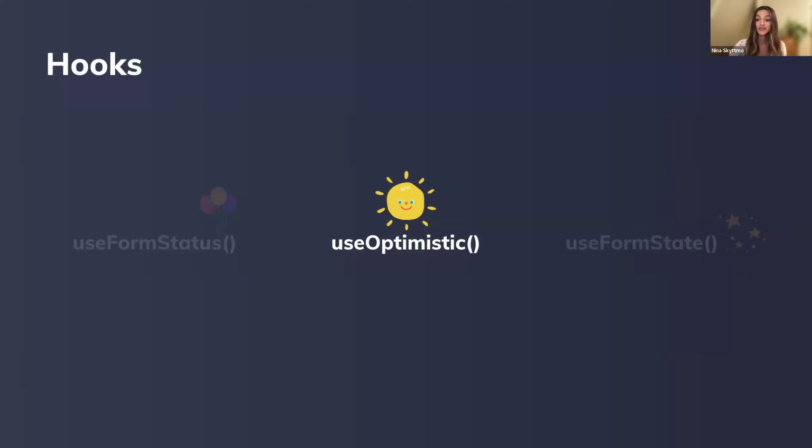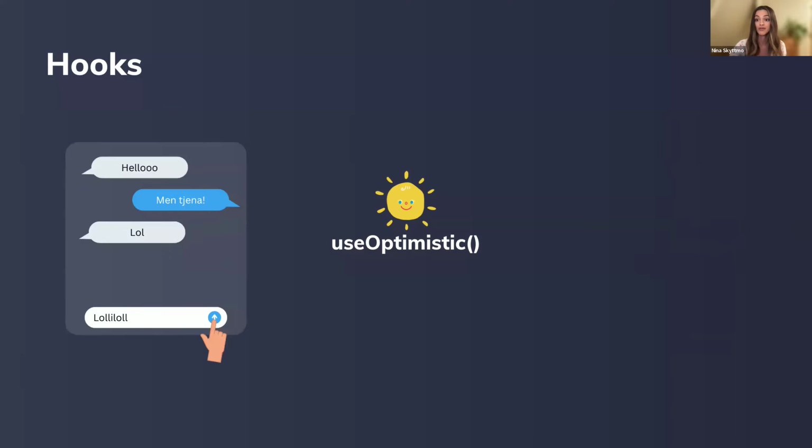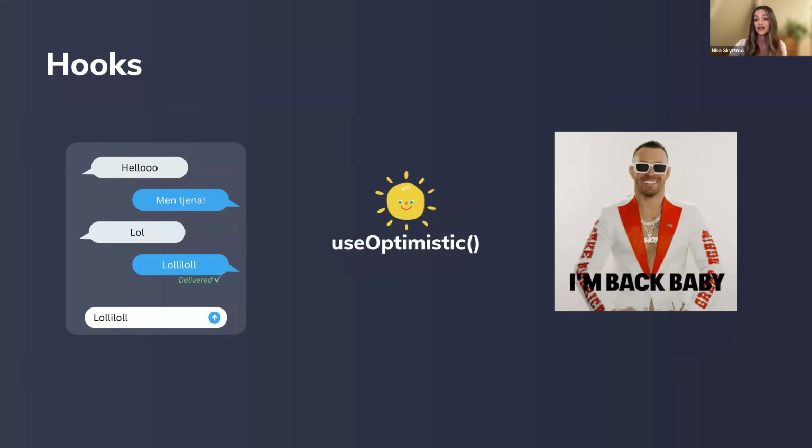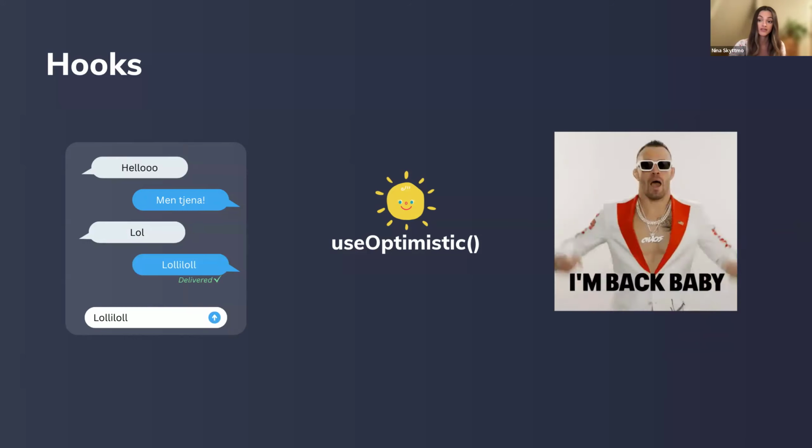And another interesting hook that's being added is useOptimistic, which allows you to do optimistic updates. So for example, imagine that we're sending a message in a chat application. With useOptimistic, the UI can immediately reflect that the message has been sent while still being processed by the server, and then update it with the server state as delivered when the actual message has been successfully submitted.